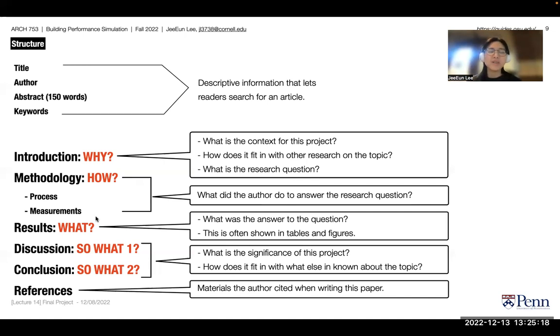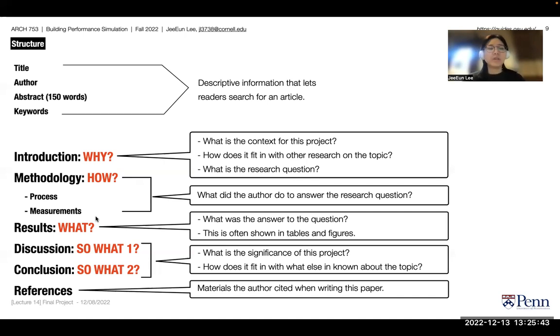And for measurement, you can say what metric you want to pick for daylight. For example, for annual daylight analysis, you could pick DA, which is daylight autonomy, versus UDI, which is useful daylight illuminance. You may want to pick one over the other and then say why you're picking this.